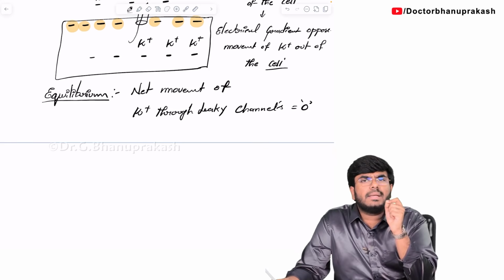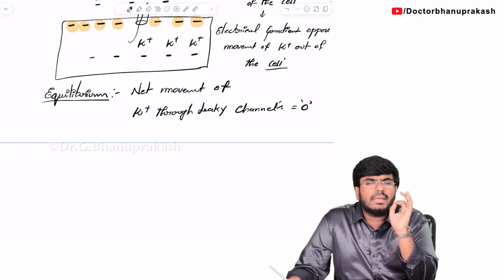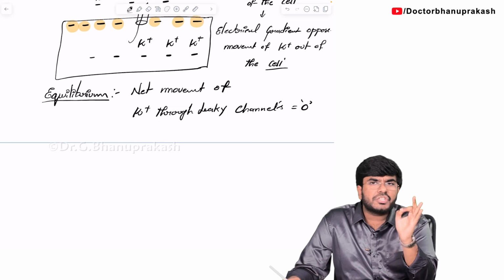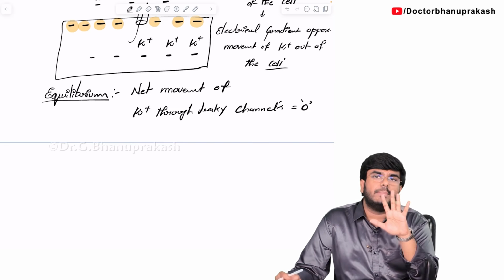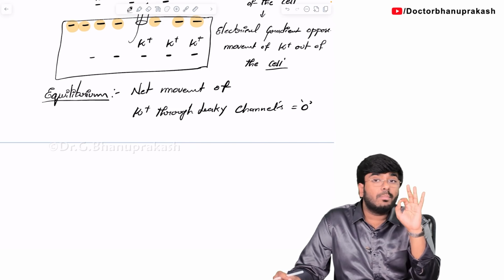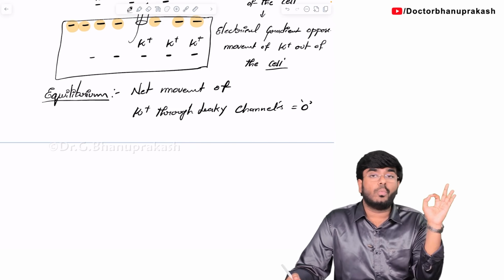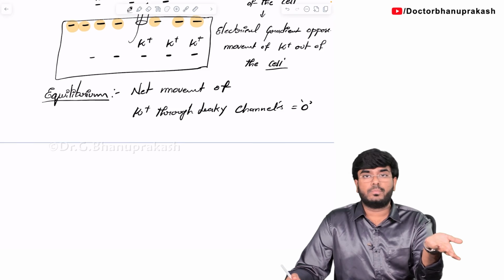So the moment the potassium efflux stops, we call it equilibrium attained. The net movement of the ions is going to be 0. And why that is happening, I have told you.